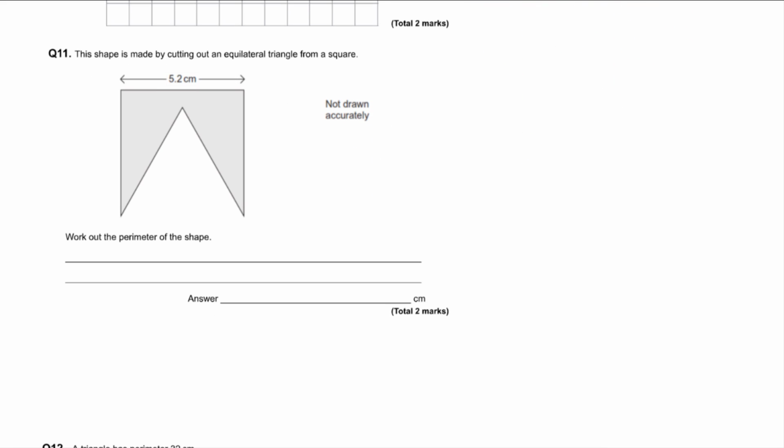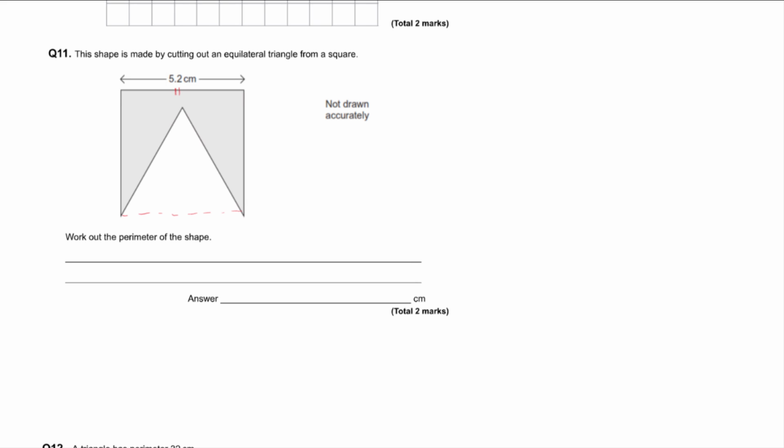Question 11. This shape is made by cutting out an equilateral triangle from a square. Work out the perimeter of the shape. Okay, so the equilateral triangle must have had a baseline here then. Now I know that all the sides of an equilateral triangle are the same, and the base of this equilateral triangle is the opposite side of my square, isn't it?